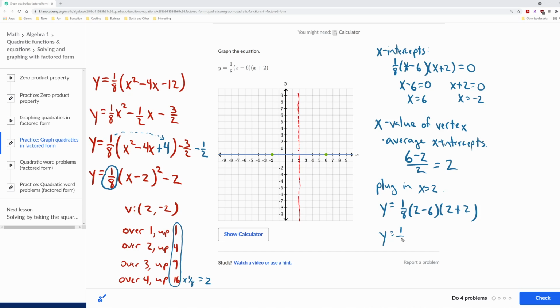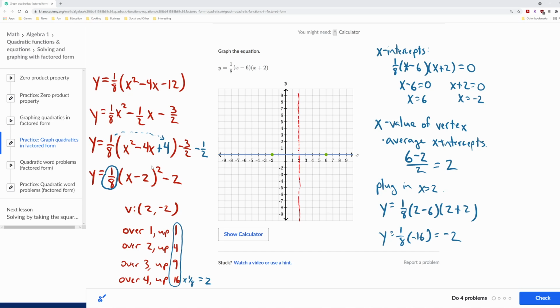So that would be 1/8. 2 minus 6 is -4. And 2 plus 2 is +4. So -4 times +4 is -16. And -16 times an 8th is -2. Now we knew that was the answer because I never erased the work that's on the left.